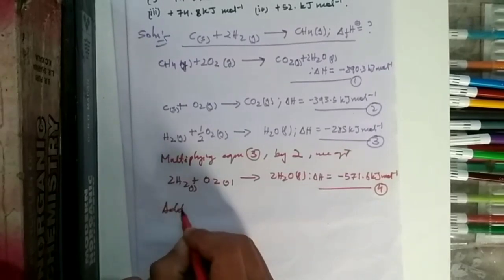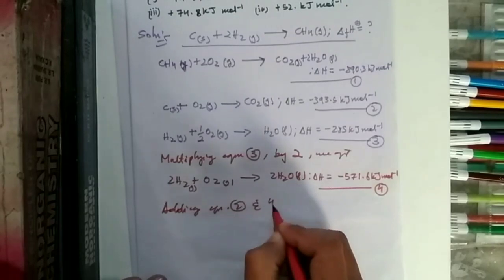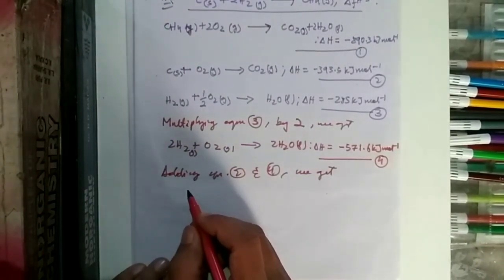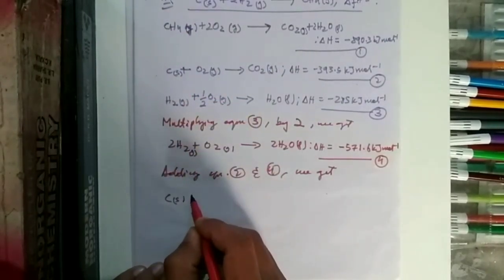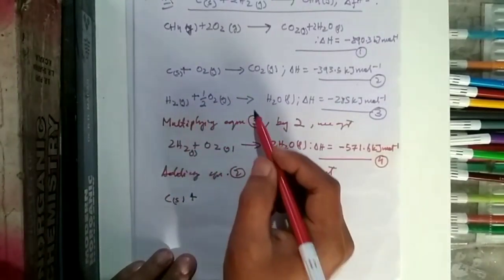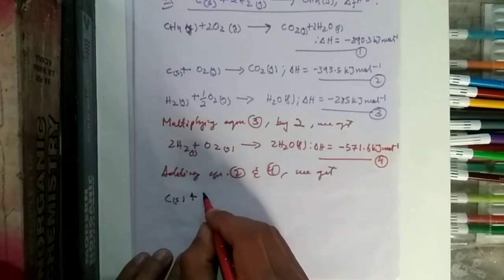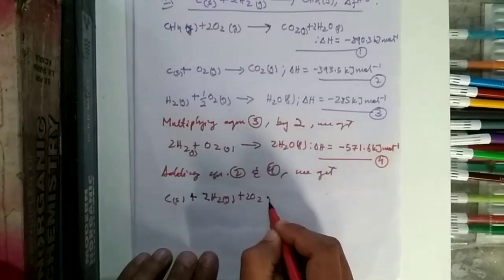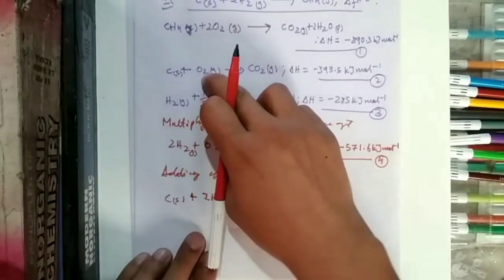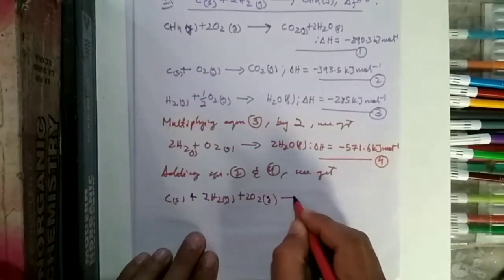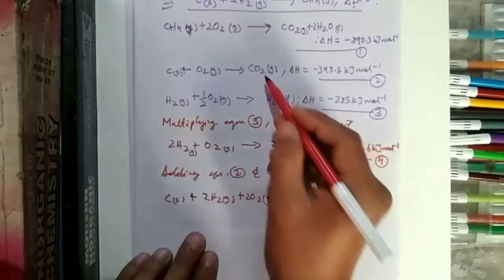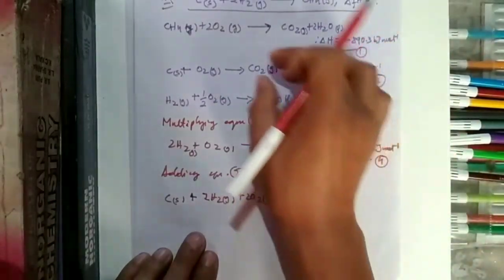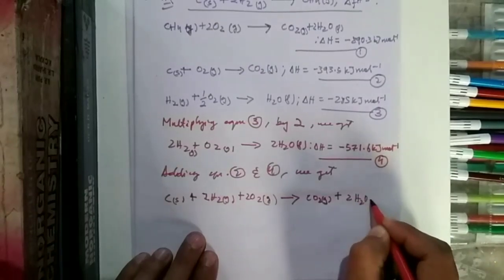Adding equations 2 and 4, we get C solid plus 2H2 plus 2O2 giving CO2 plus 2H2O liquid.